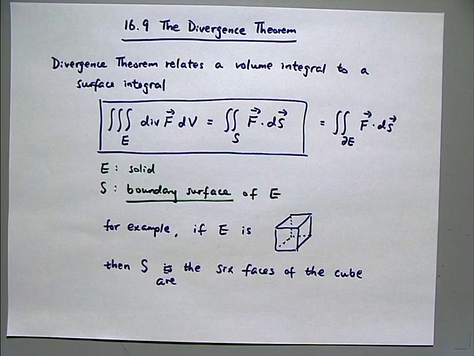So if you look at the right surface here, for example, we're seeing fluid leaving. And how much left through this surface is measured by the double integral over S of F dot dS.